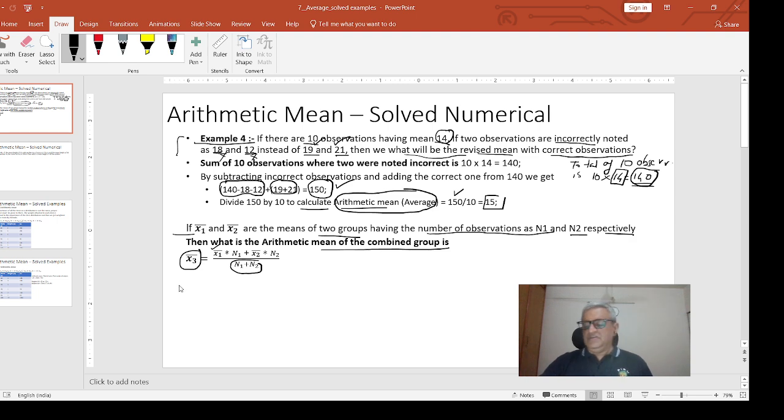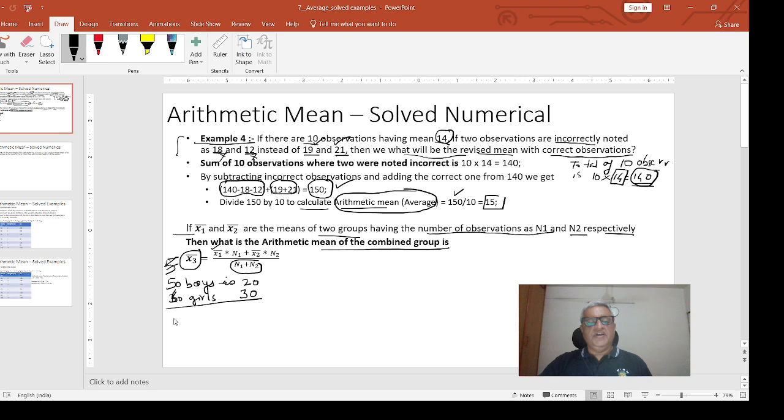Let's take a toy example here. Suppose I have 50 boys, and their average marks, for example, average marks of 50 boys is 20, and average marks of 60 girls is 30.